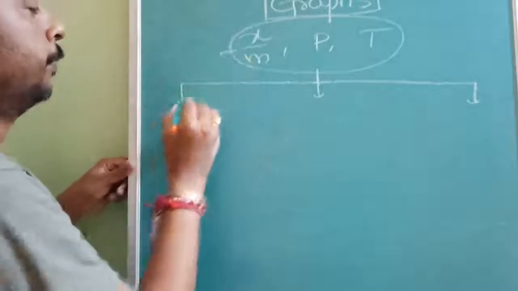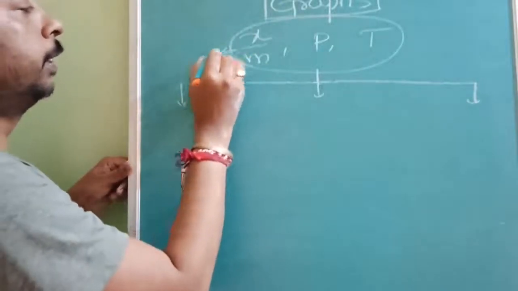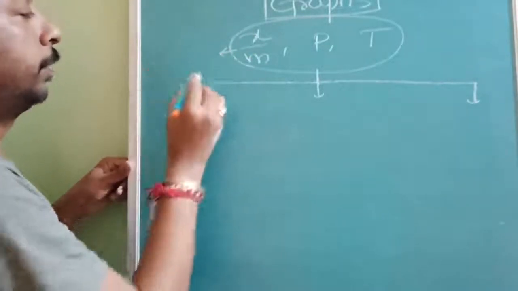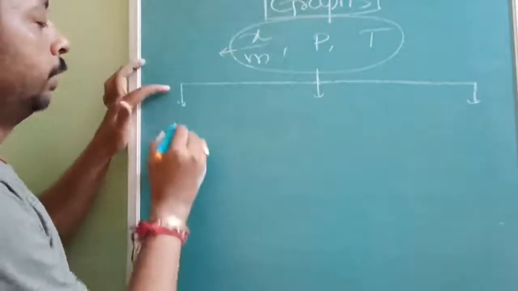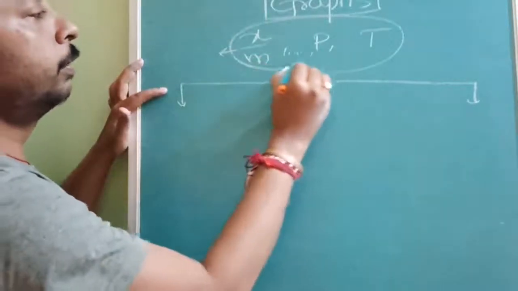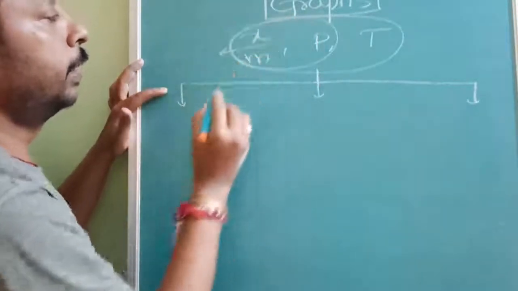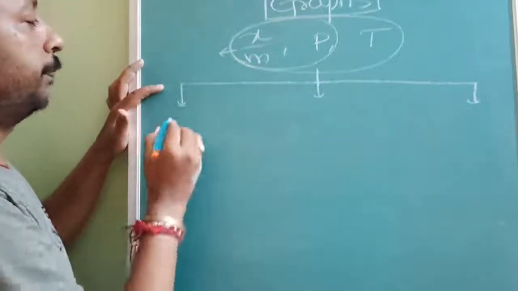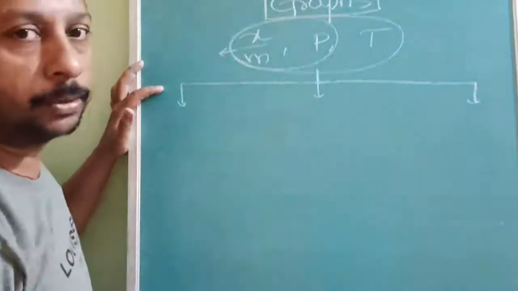First of all, x upon m is mainly the extent of adsorption. If we are drawing the graph between x upon m versus p, then at that time temperature is constant.